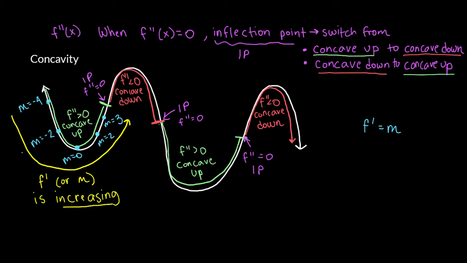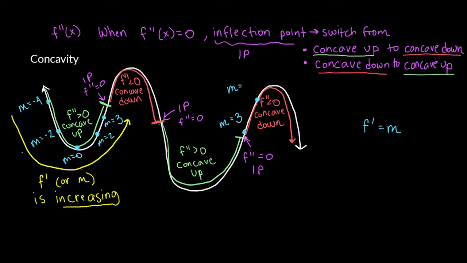Let's look at this other section of the graph to look at a concave down section and think about the same thing. So right here at this point, the slope is maybe 3, and because it's positive, it's a positive slope. Here the slope is still positive, but perhaps a little bit less steep.